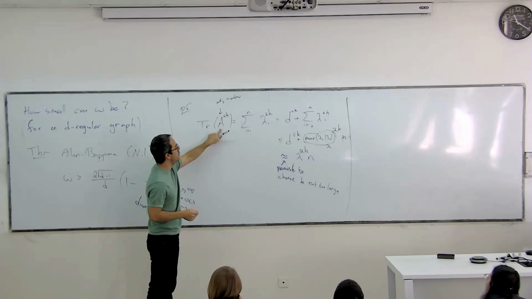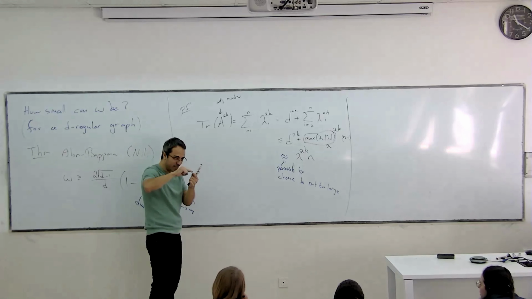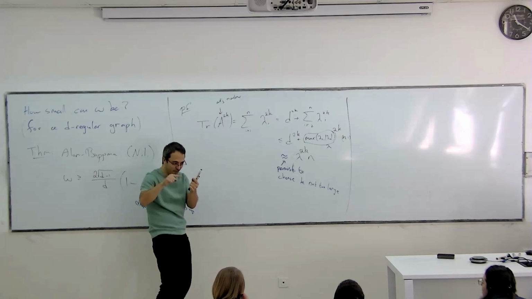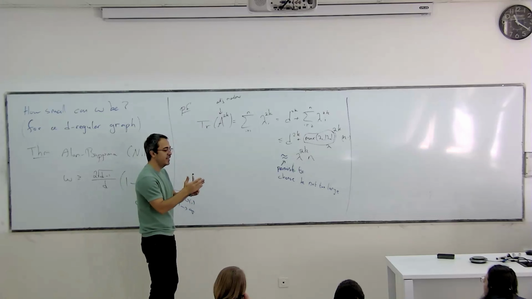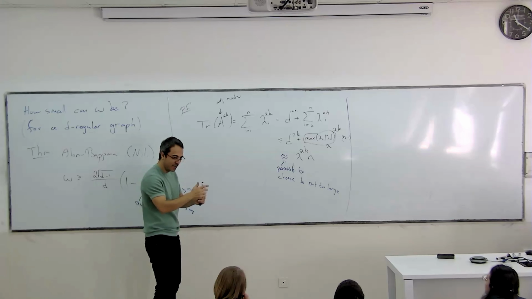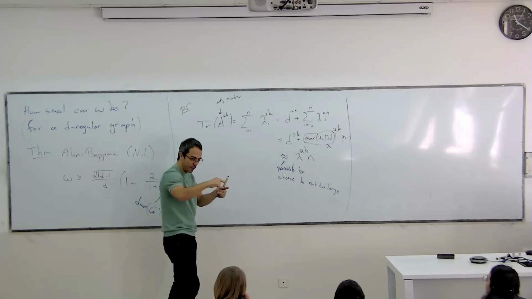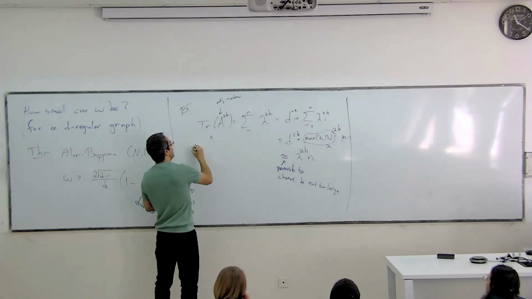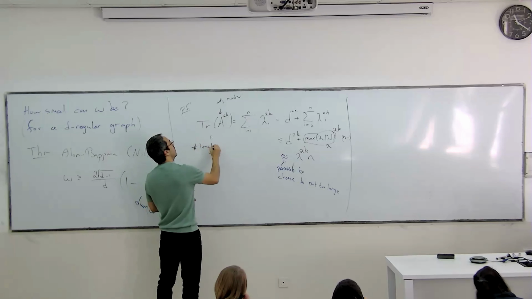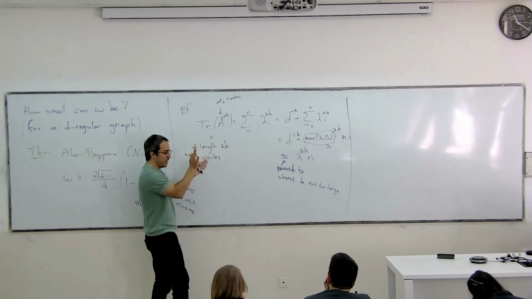Trace of A: if you have self-loops, they will appear in the diagonal, and you count the number of length-one loops. The trace of A squared is really just the number of edges, think about it, because when you go back and forth, it's length 2 walks. And in general, this is exactly the number of length 2k closed walks.